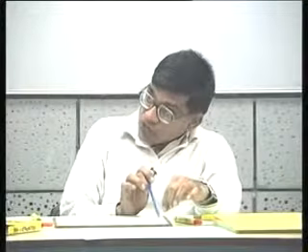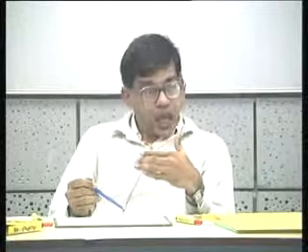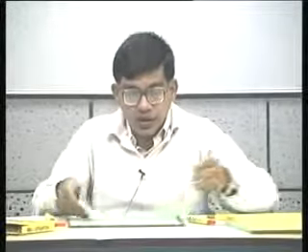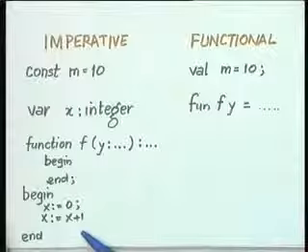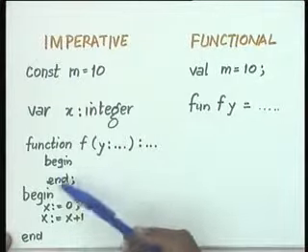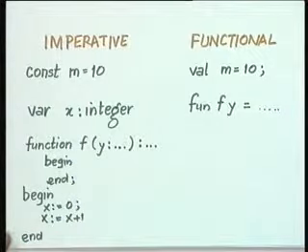Similarly, in a functional program, over the scope in which a variable is declared, it represents only one value, unlike an imperative program where the variable actually gets updated. So what remains constant in an imperative program is only the name location binding. The location value binding keeps changing constantly.